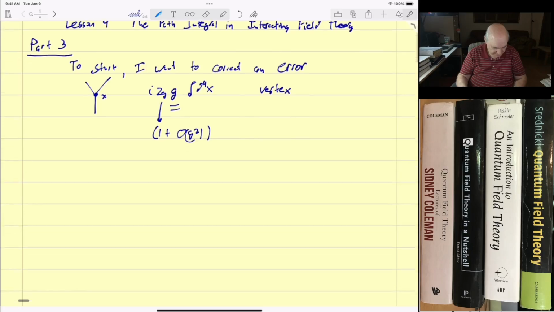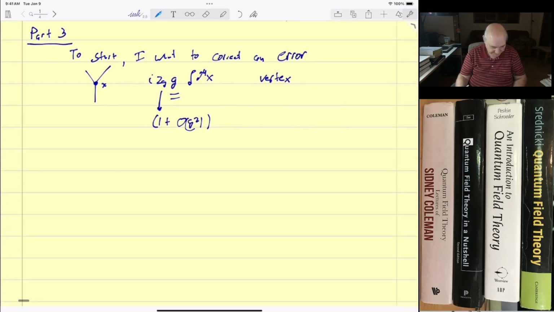Okay, so now let's move on. So we have our path integral Z_1g.